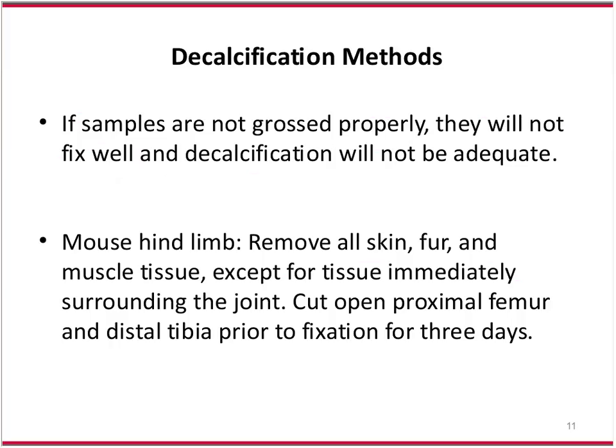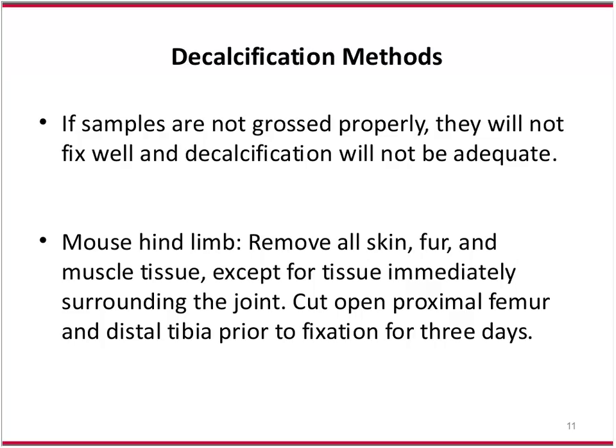So in our lab, our main focus is animal research. We do a lot of mouse work. We also do some rat, and larger specimens come in too, but mainly our bread and butter is the mouse hind limb.